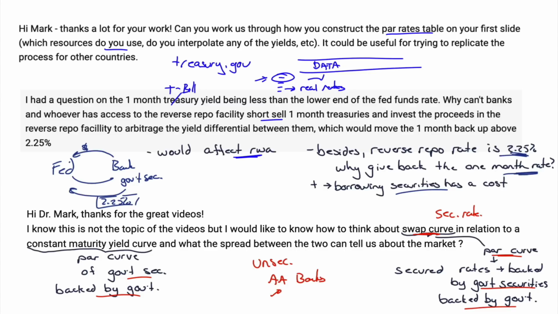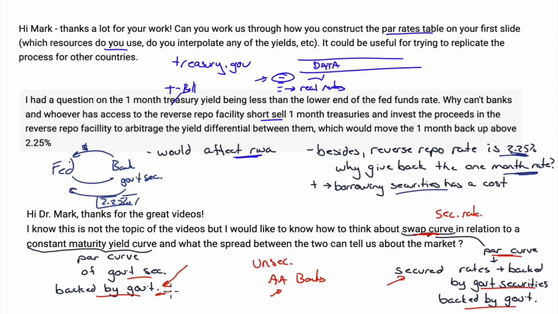So in both cases, you have the government that is backstopping the security behind both of these curves. The difference here is you are exposed directly to the government, whereas here you have collateral that is worth a little bit more than the loan that you gave. So it's a little bit more secure than just this curve over here.